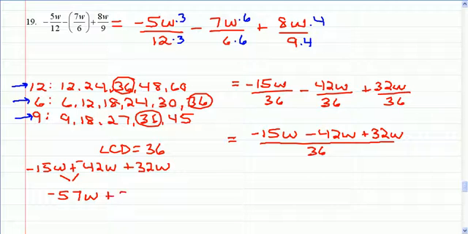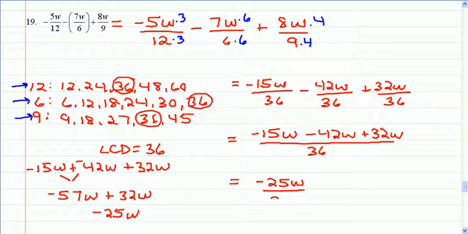And then I bring down the 32w. And if I take negative 57 plus 32, I get negative 25w. So I have negative 25w over 36. And if you wrote the prime factorization of each number, you would not have any common factors, so this is the final answer.